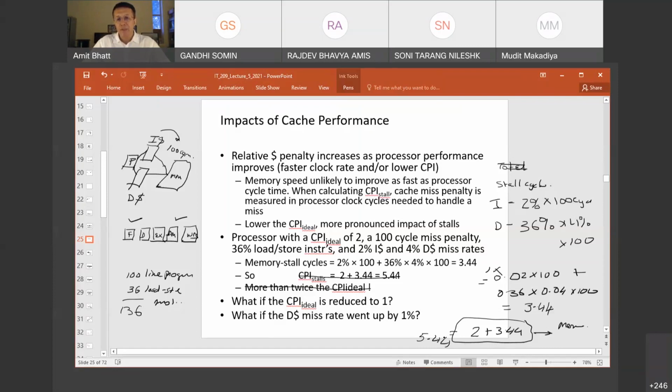So my speed has reduced by more than 50% just by having a 2% miss rate in instruction cache and a 4% miss rate in data cache.